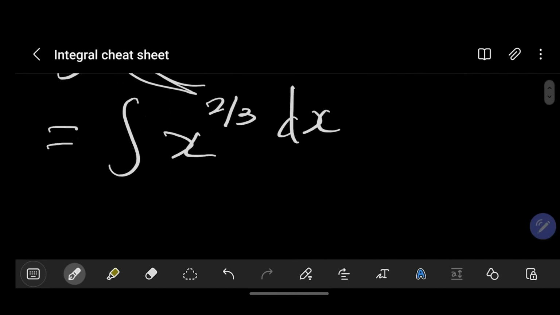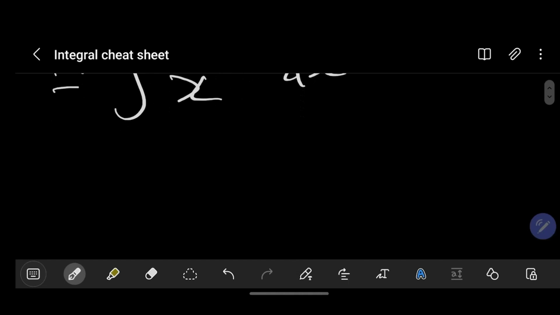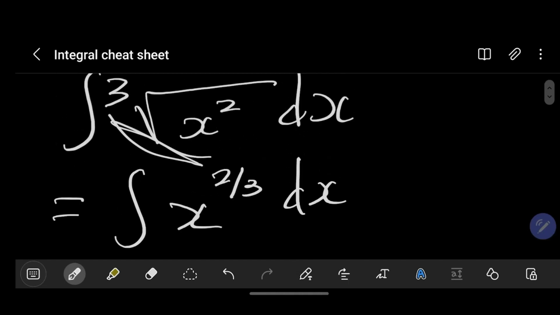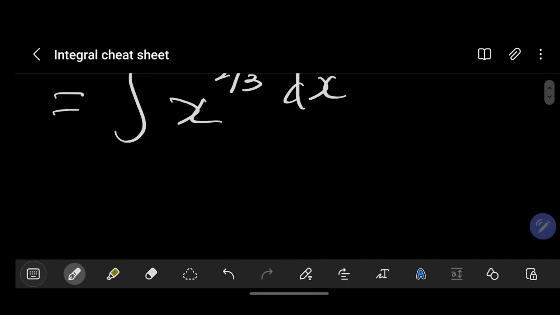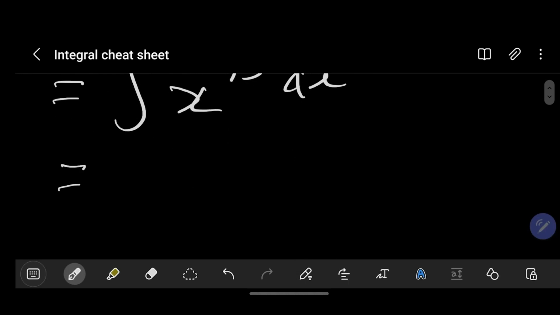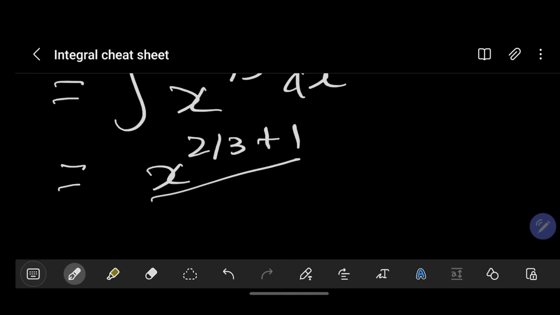Okay, quite simple. So you rewrite this, you now have x to a power, and now you can use the power rule. So that's equal to x to the 2 by 3 plus 1 all over 2 by 3 plus 1. Don't forget the c.